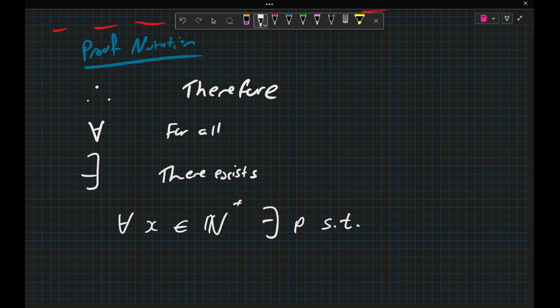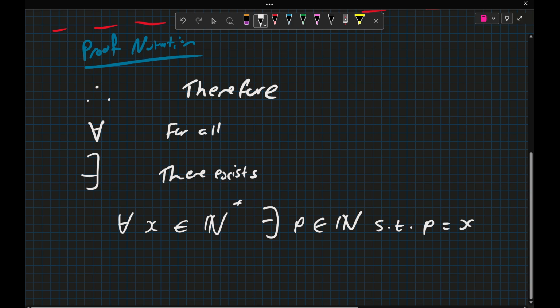So for all numbers x that are in the positive integers, there exists a number p also in the integers such that p is x squared. Which is in itself true. It just means that all numbers within the naturals have a square. So if you square x, you get p.